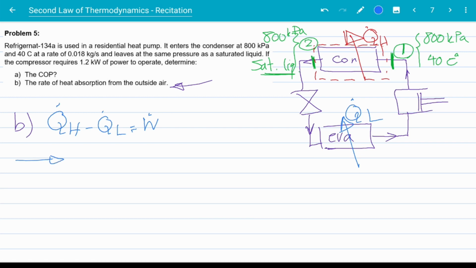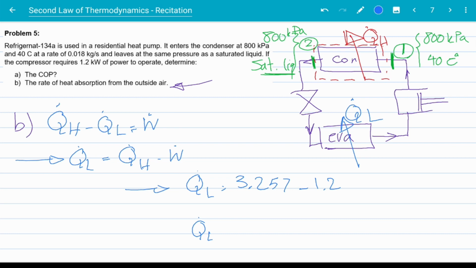Playing with this equation, we get that the Q dot L is Q dot H minus W dot. You can plug in some numbers and get that Q dot L is 3.257 minus W dot, which is 1.2. Q dot L is 2.057 kilowatts.